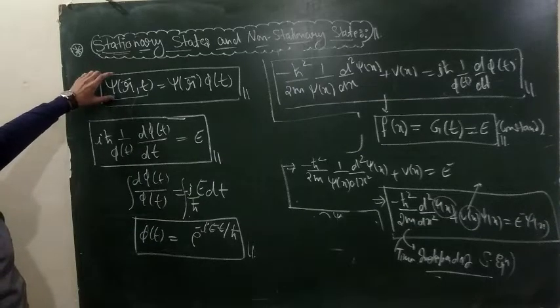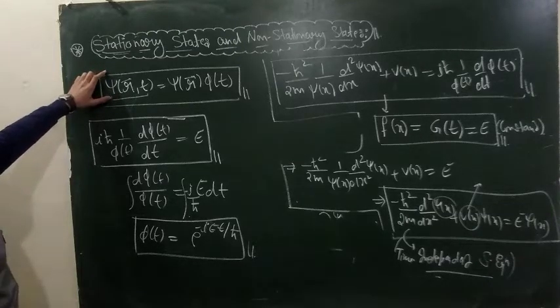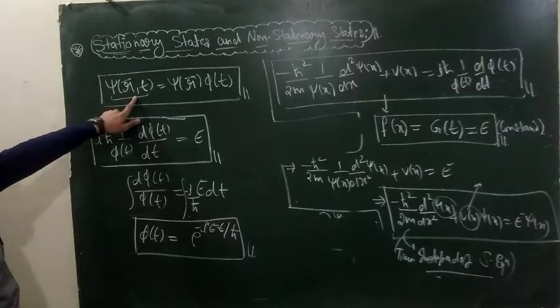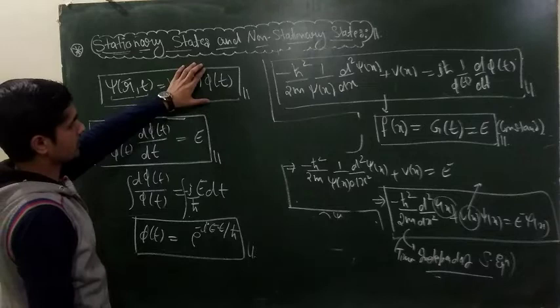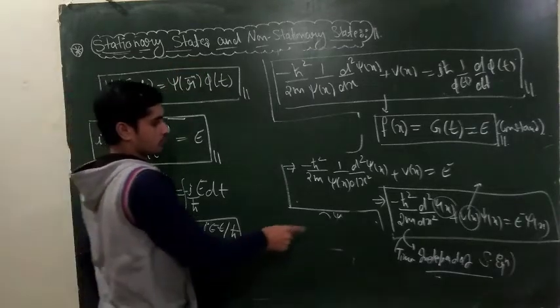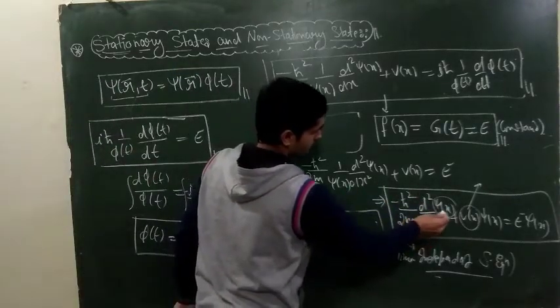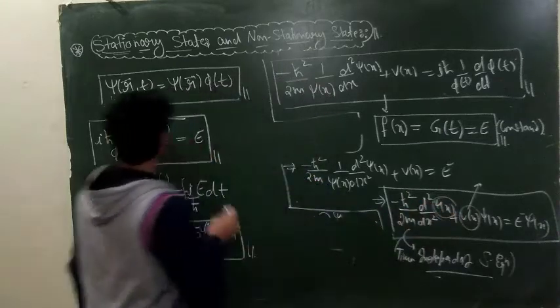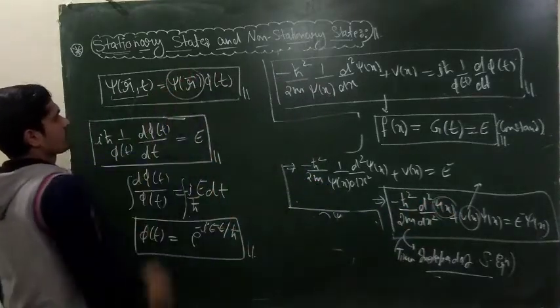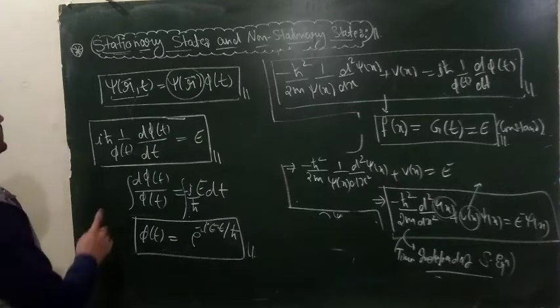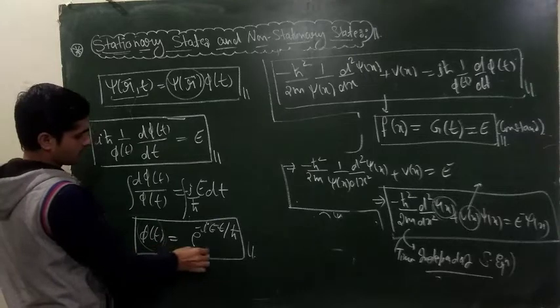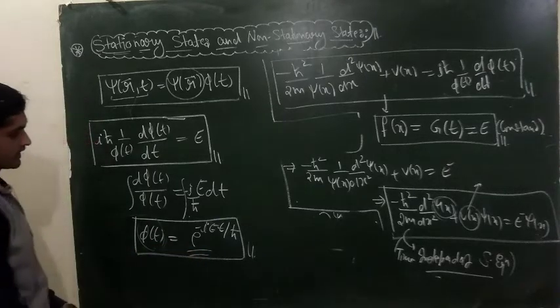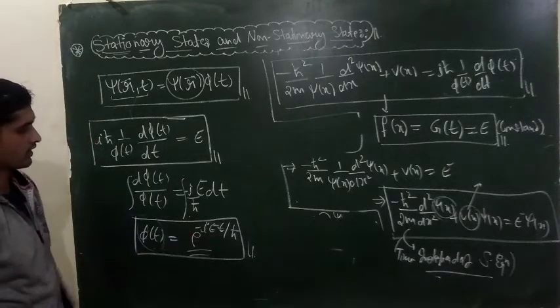When you are solving the time dependent Schrodinger equation for the stationary states only, which are the states that can be written in this particular form, then the one thing that you will do is solve the time independent Schrodinger equation to get the first part of the separable solution, and the second part will always be in this form, which is exponential of minus i E t over h bar.